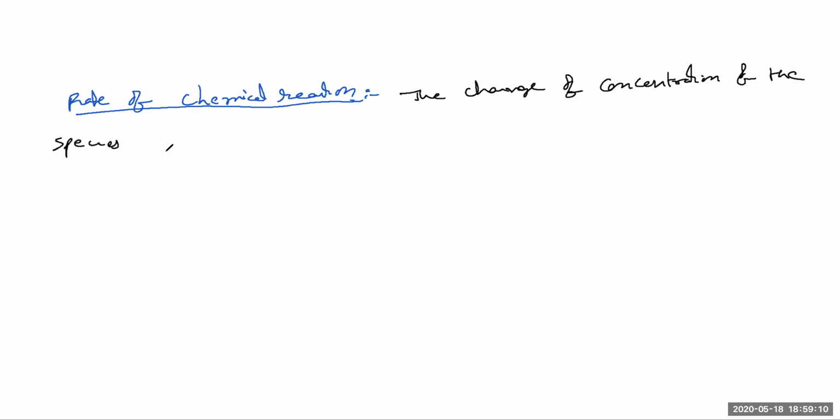Species means either reactants or products. The change of concentration of the species in unit time is the rate of reaction.